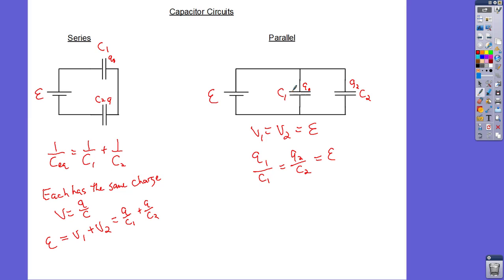This is, of course, when they're fully charged. And the equivalent capacitance is just equal to C1 plus C2, and so on.